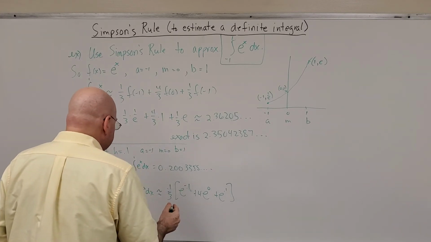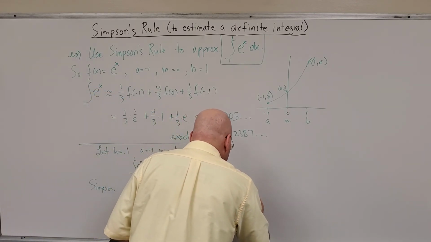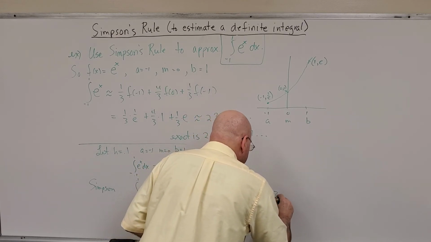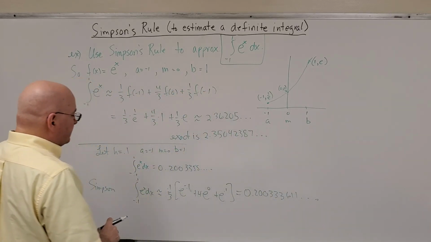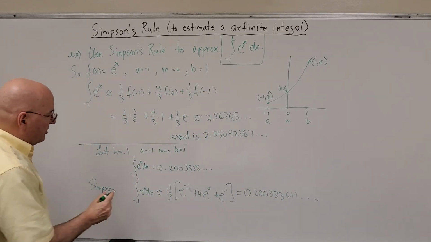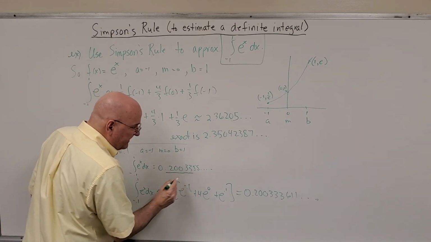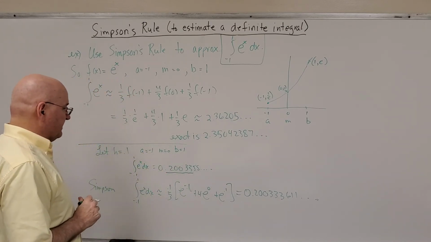Okay, and this value, our approximation, is 0.200333611... So when h is very small, look how close we are. 20033, out to 5 decimals past the decimal point.